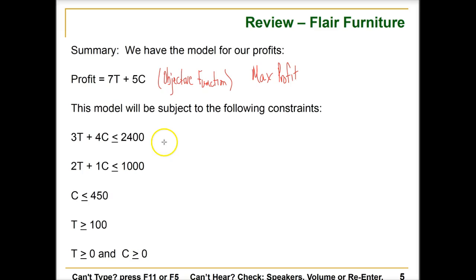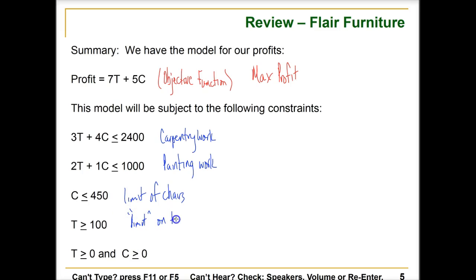This is the constraint about the carpentry work. This is the constraint about the painting time, or painting work. And this is the limit on chairs. And this is the, I guess we'll say limit, but it's really a minimum on tables.